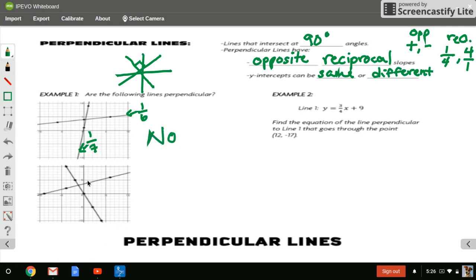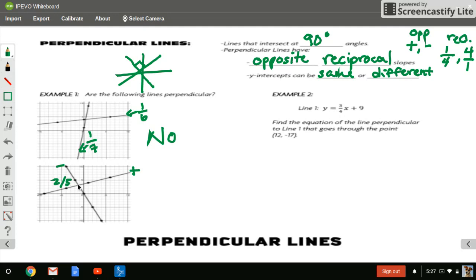Now looking at the second one, first of all, you can tell that this has a negative slope and this has a positive slope. Now let's see if they're reciprocal. Starting here, we go up 1, 2, over to our next point, 1, 2, 3, 4, 5. So 2/5.